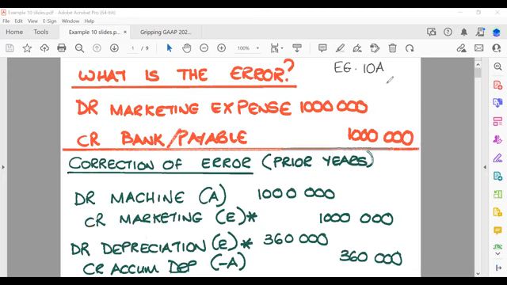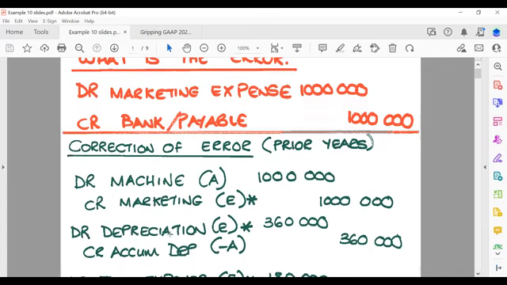But we know from our first journal entry, we cannot debit depreciation. What do we debit instead? We're going to debit retained earnings.